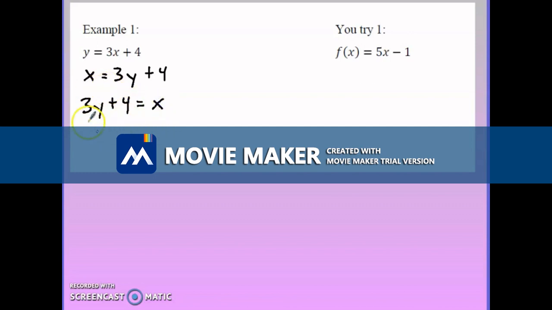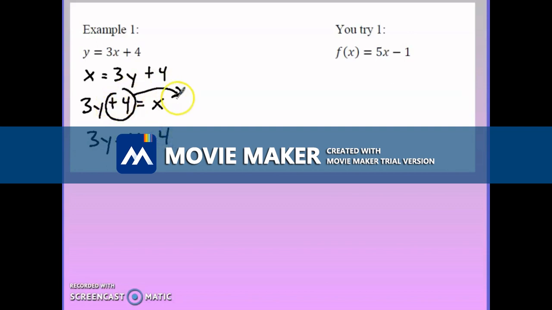And now I want to get rid of everything over here except for that y. It's just like solving an equation. I'm going to subtract 4 from both sides, or really you're just moving the positive 4 over there. That would be 3y equals x minus 4.